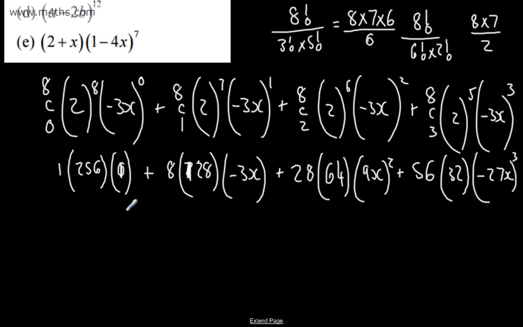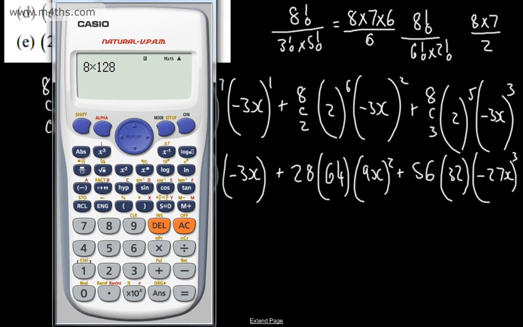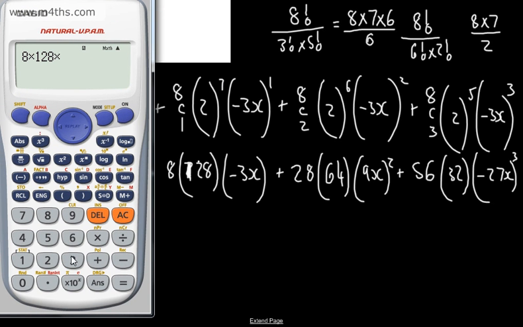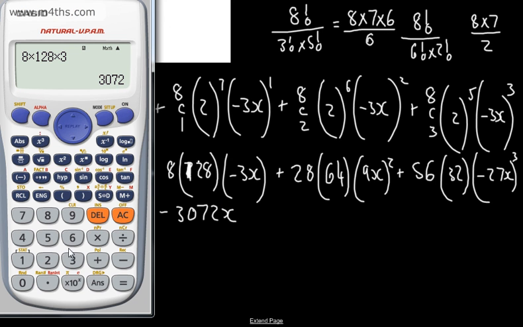So all I do at this stage is tidy up. So we've got 256, then we've got 8 times 128, and we just got to be careful with the positives and negatives, and then we'll multiply that by 3, and that's going to be negative 3072x. Let's check that I've got that right. Next one, 28 times 64 times 9.